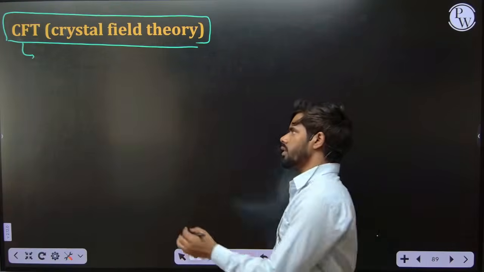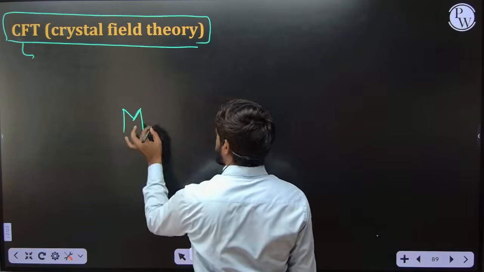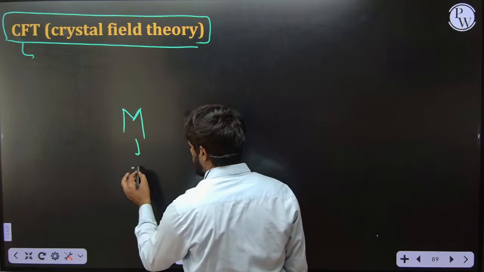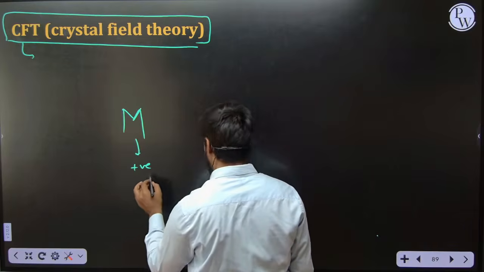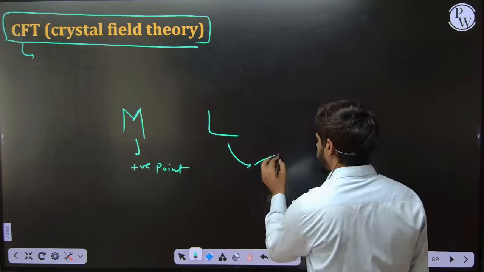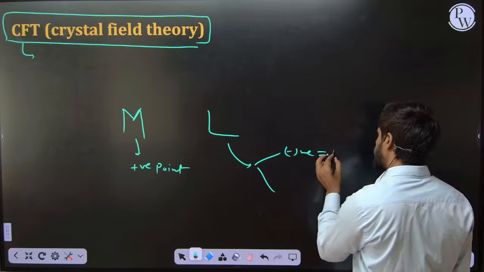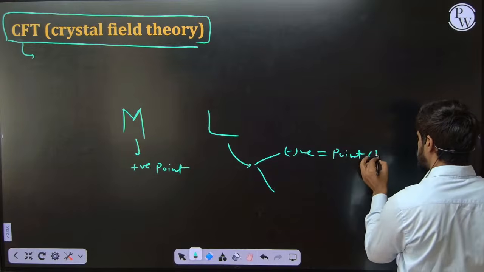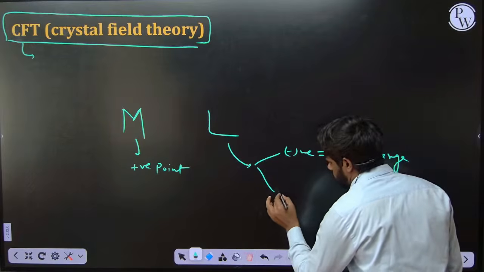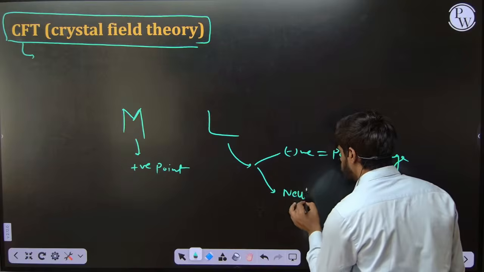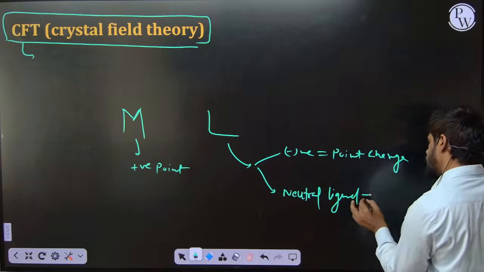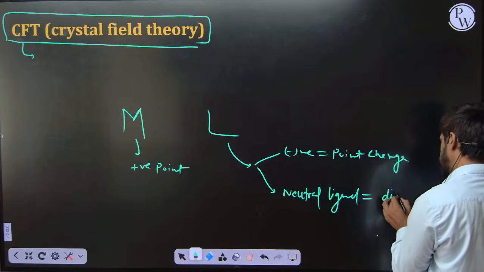So in this case, we can say the central metal atom is there, and ligand is there. The central metal atom is considered as a positively charged point charge. A ligand, if it is negatively charged, is considered as a point charge, and in case of a neutral ligand, it is considered as a dipole.